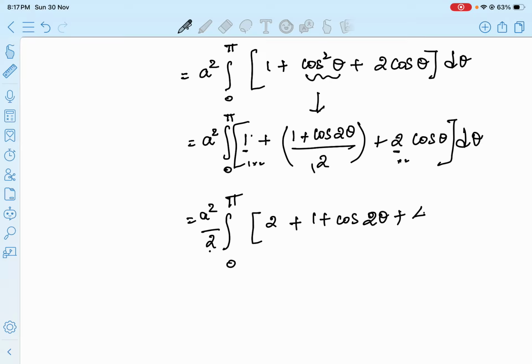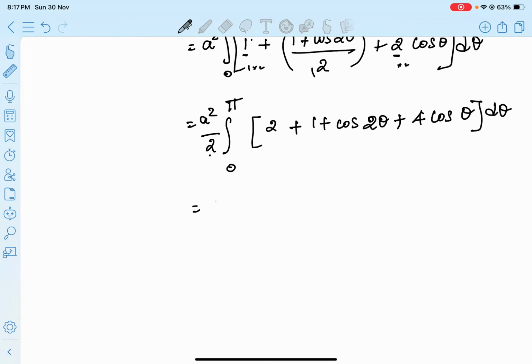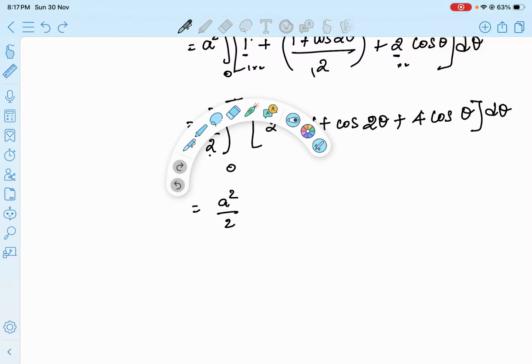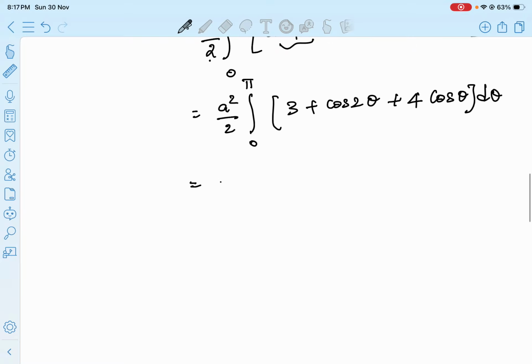Then it will become 4 cos theta into d theta, equal to a square by 2 integral 0 to pi. What happens to this? 3 plus cos 2 theta plus 4 cos theta d theta equal to a square by 2.